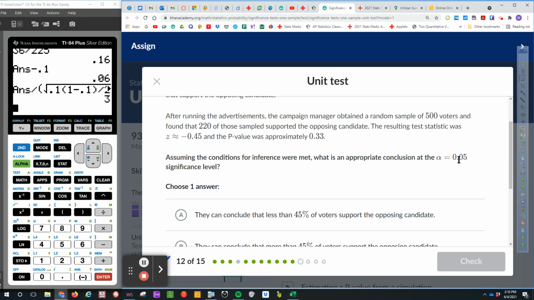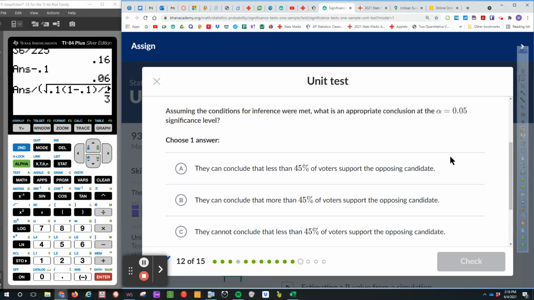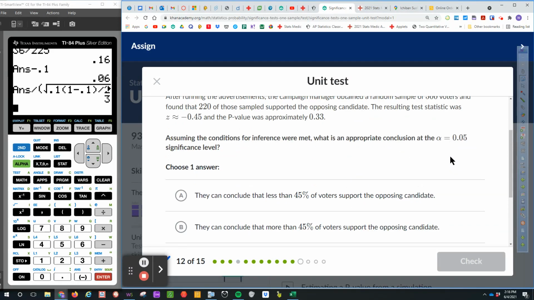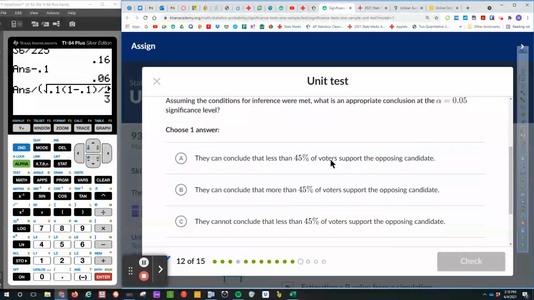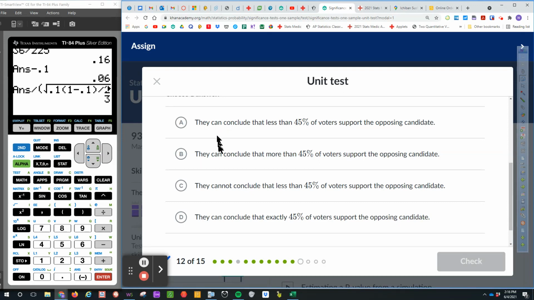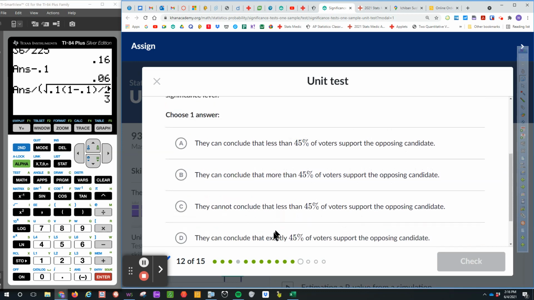So the P value 0.33 is more than 0.05. If the p-value is more than alpha, we fail to reject the null hypothesis. So can we conclude that it's less than 45?